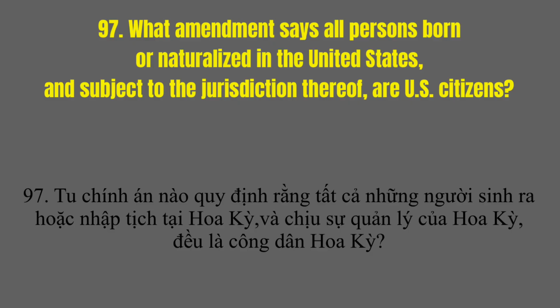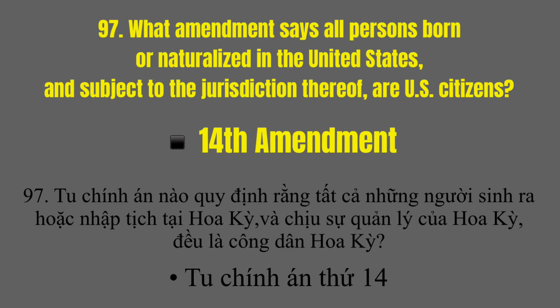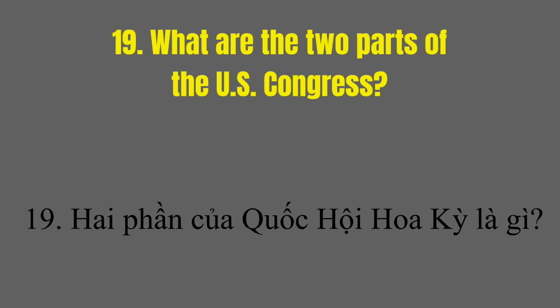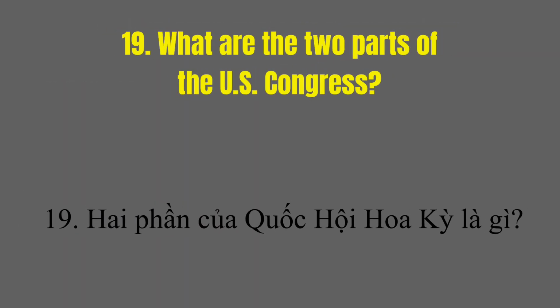What amendment says all persons born or naturalized in the United States and subject to the jurisdiction thereof are U.S. citizens? 14th Amendment. What are the two parts of the U.S. Congress?